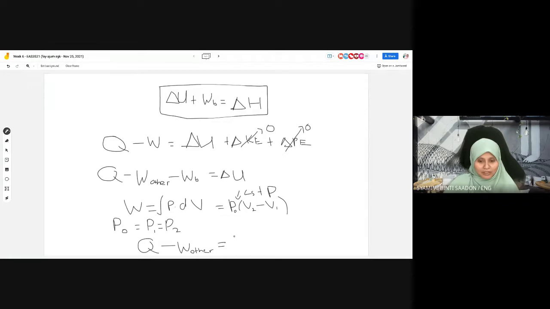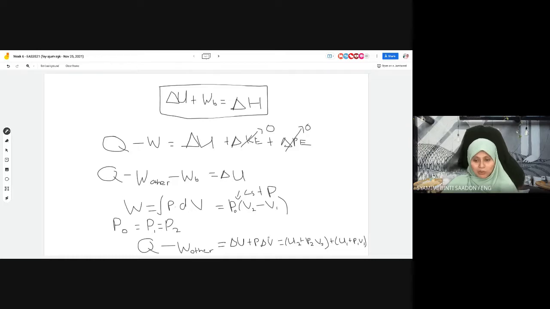equals delta U plus P delta V, which we can also write as U2 plus P2 V2 minus U1 plus P1 V1.